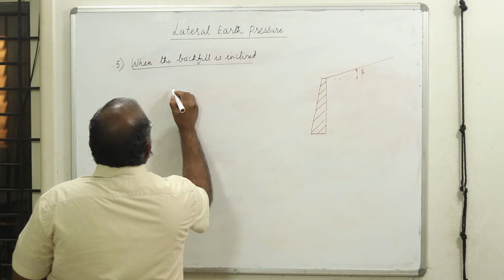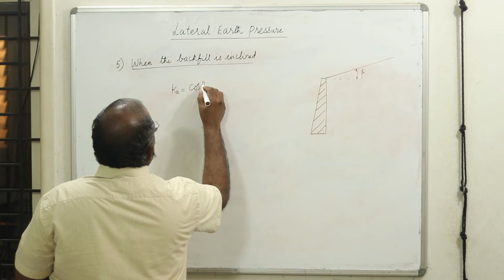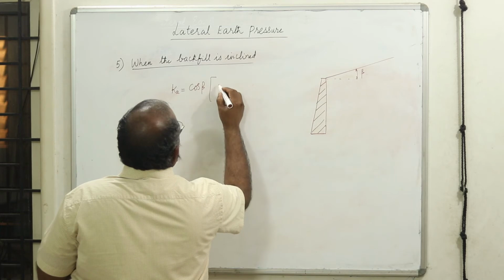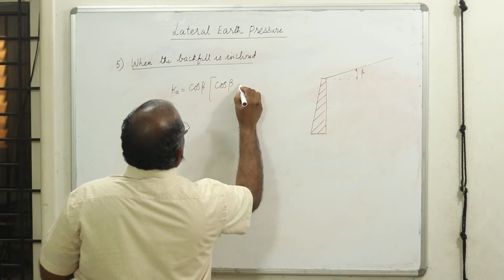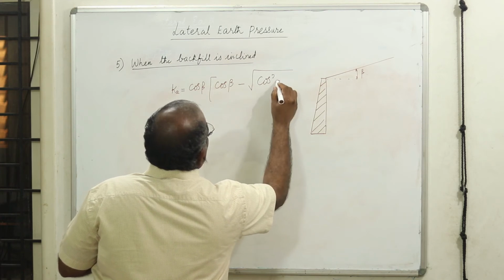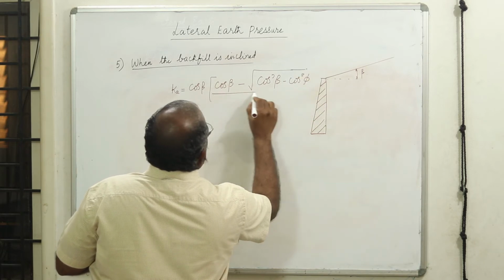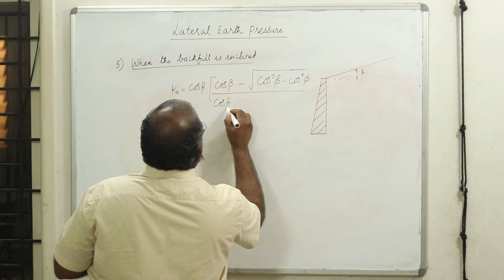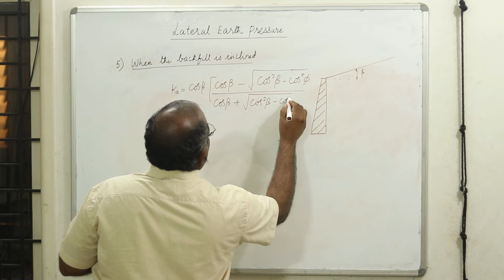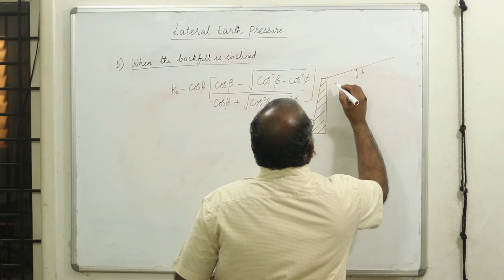Now your Ka value is going to be slightly different. Ka is equal to cos beta into (cos beta minus root of cos square beta minus cos square phi) by (cos beta plus root of cos square beta minus cos square phi). Now your intensity of pressure will be something similar.